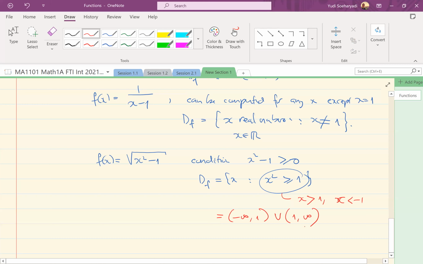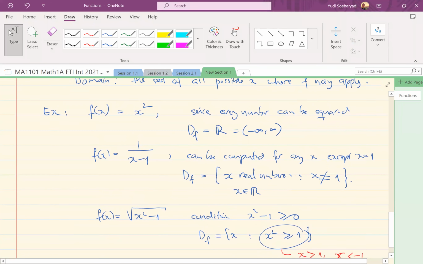So just be aware, if you deal with polynomials, for example, you can compute a polynomial for any number x. But if you work with rational functions, such as this one, be aware of what makes the denominator 0.